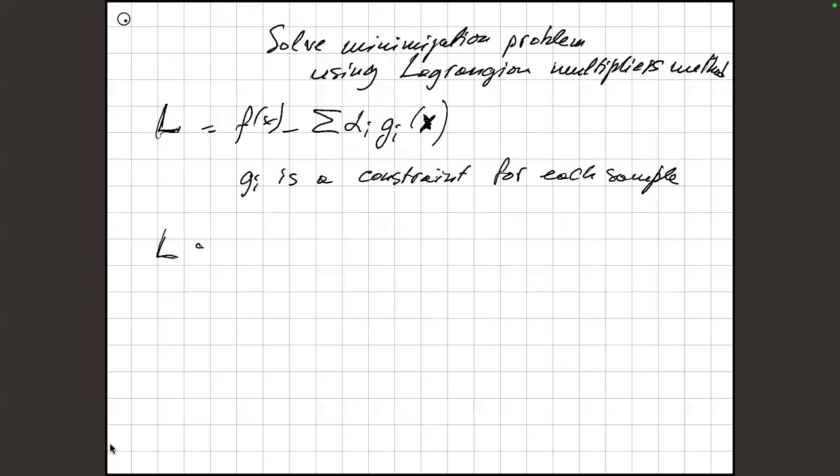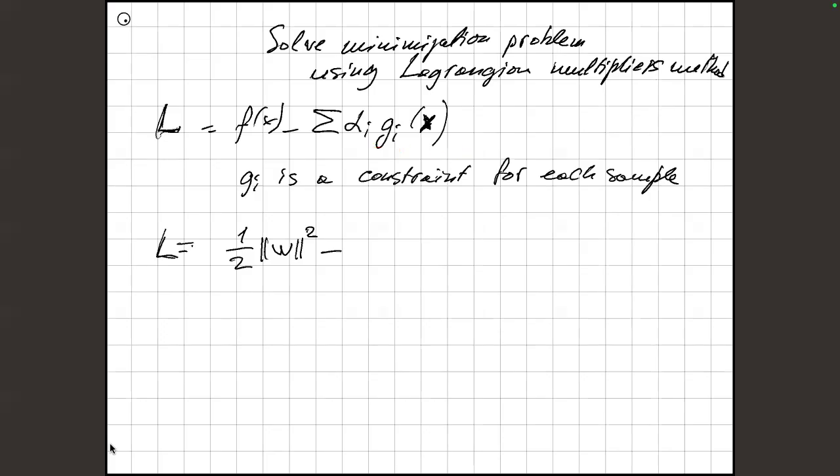Our Lagrangian is then one over two our vector of weights squared, minus, and now we put our constraint for each sample.